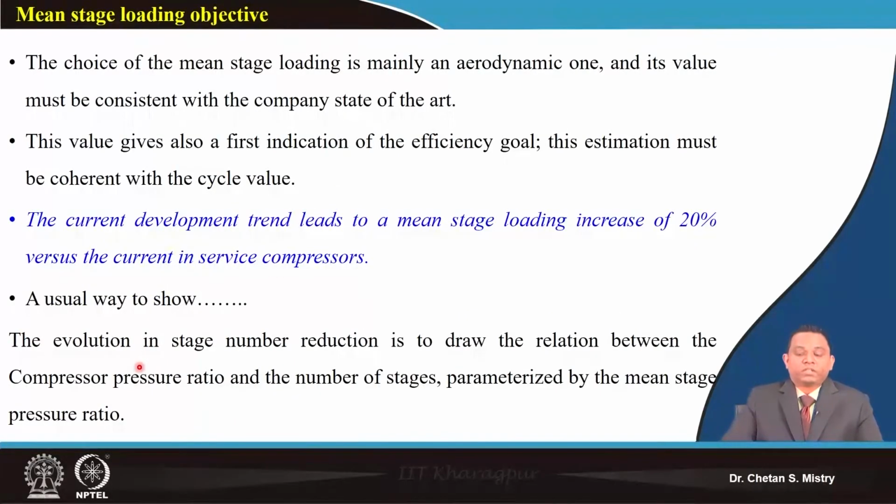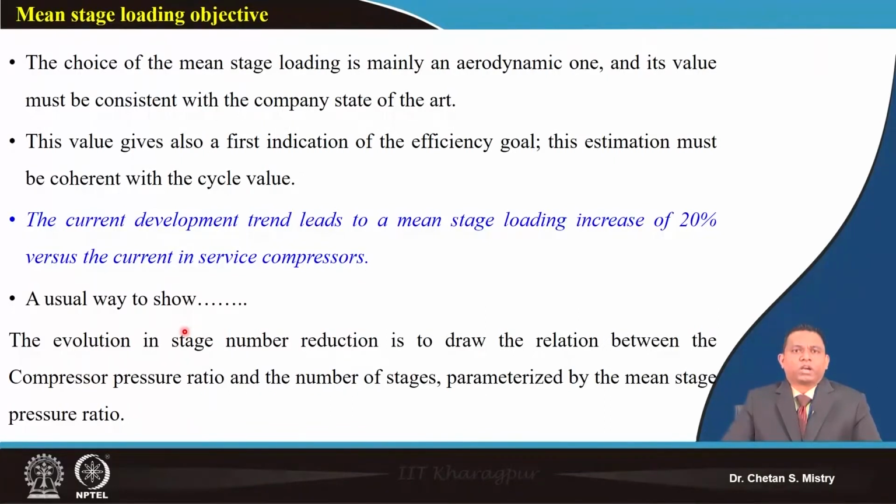Now the choice is mainly based on my aerodynamic requirement, and engine designing companies have their own database that they use. Here our major concern is the efficiency, and at the same time we need to check all our cycle parameters also.